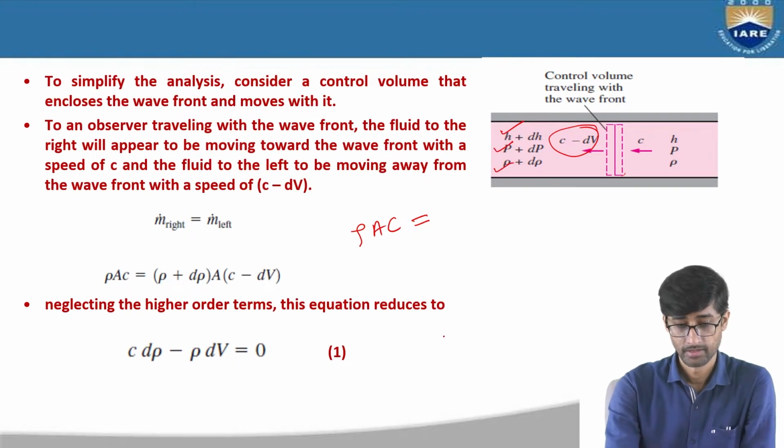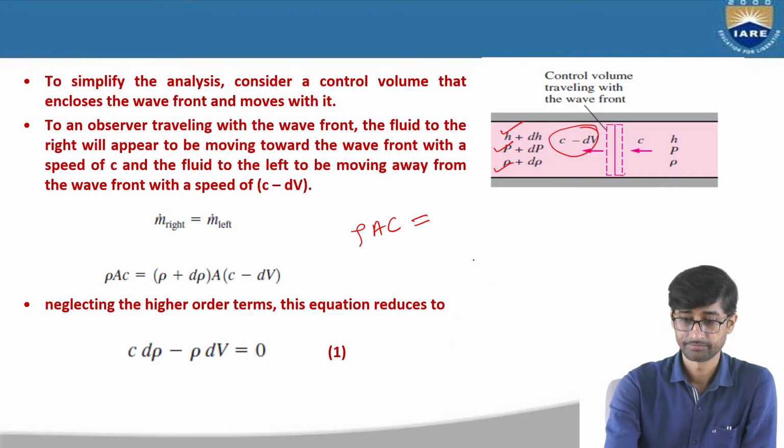Now what is the mass to the left? It is rho plus d rho, with area A remaining constant, times c minus dv, the change in velocity.